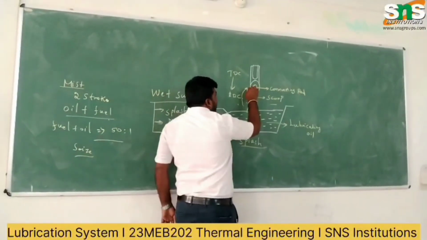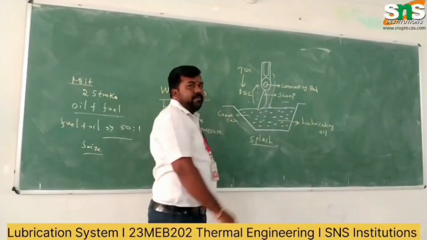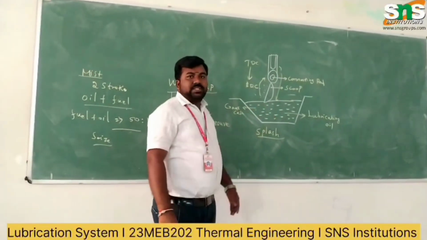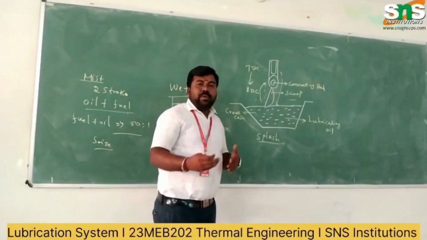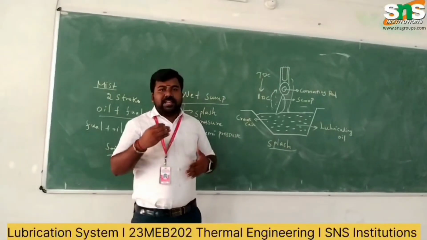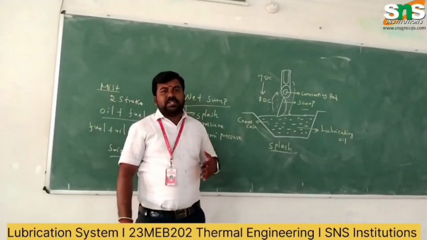After that, the oil settled on the engine parts falls again into the sump of the splash lubrication system. This cycle is repeated so that the moving parts as well as the major components of the IC engine are lubricated, reducing the friction as well as the wear.